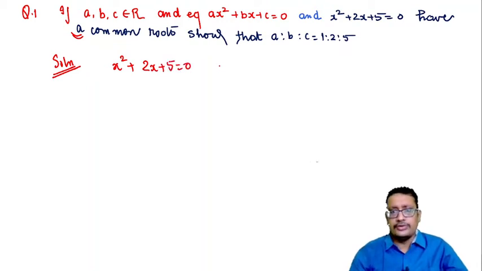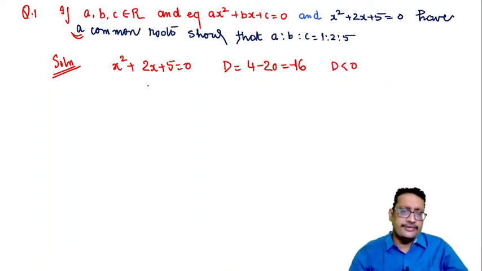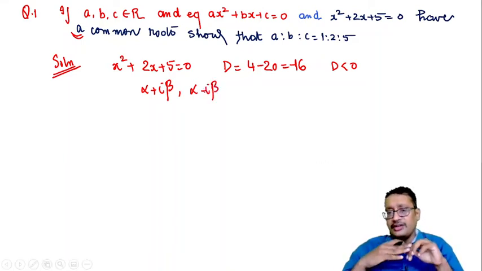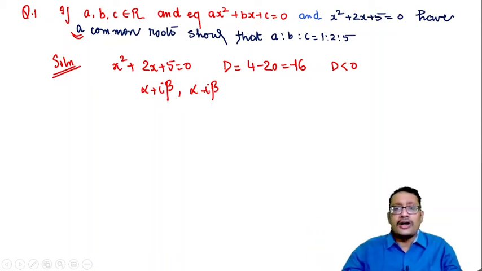What are the roots? If you calculate this D, it will come to be 4 − 20, that is −16, and D is less than 0. It means the roots can be of the form alpha + iβ, alpha − iβ, because imaginary roots occur in pairs.